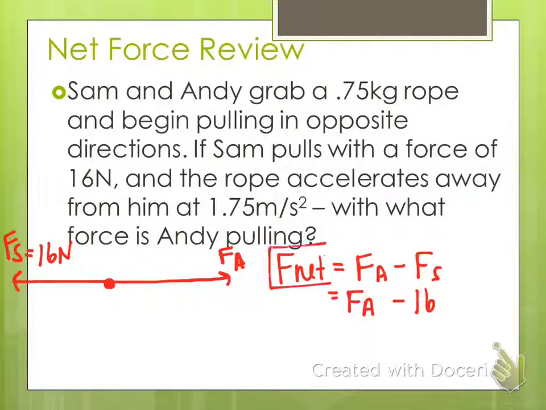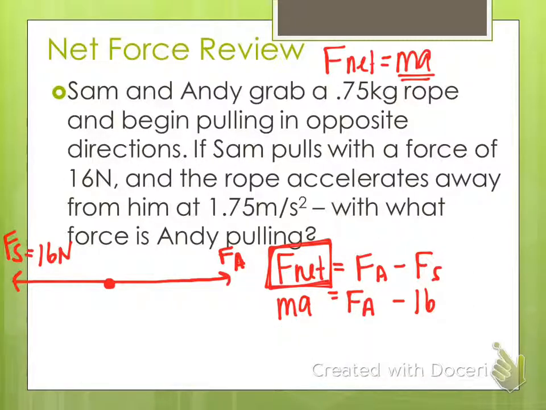What do we know F net is equal to? Good, mass times acceleration. M times A gets substituted in for F net very often. Whenever we see F net, we can substitute mass times acceleration in there.